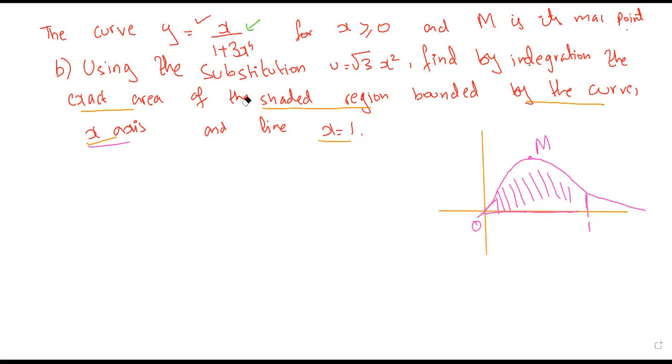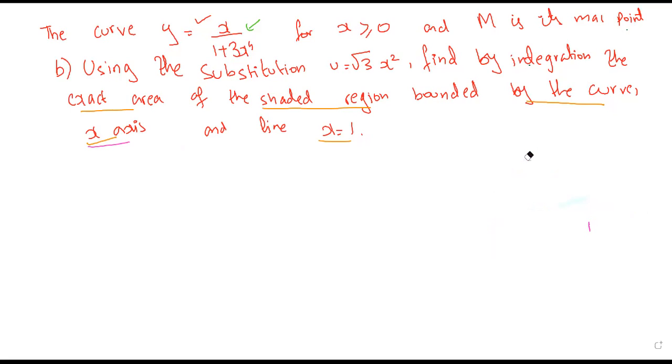Let's just try doing it. Now this is the more important thing. We have to integrate the curve. Let's write down the curve again. We have to integrate y, that is x times 1 plus 3x to the 4 dx, from 0 to 1. And the important thing is that you need to do it using the substitution u equals under root 3x squared.